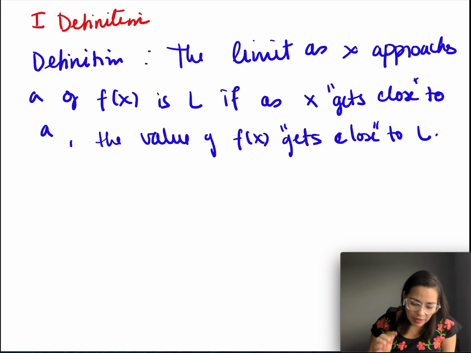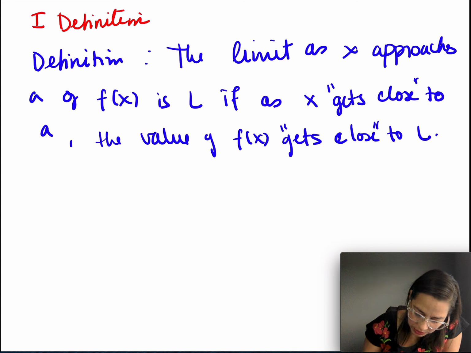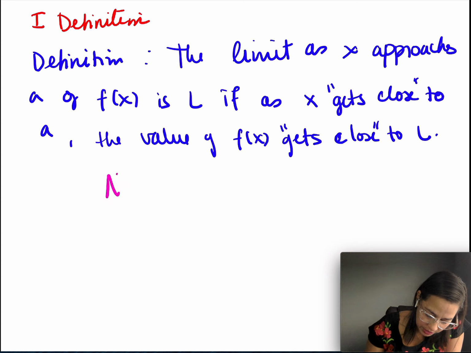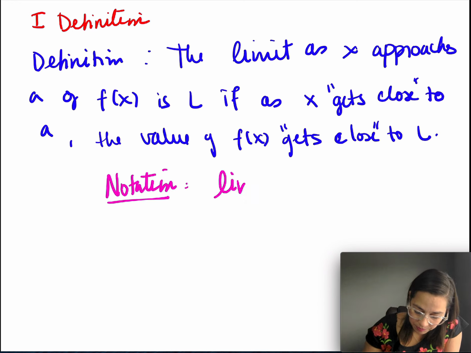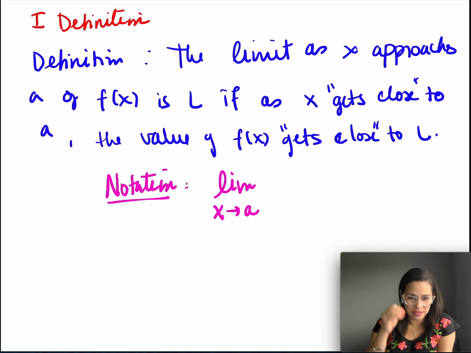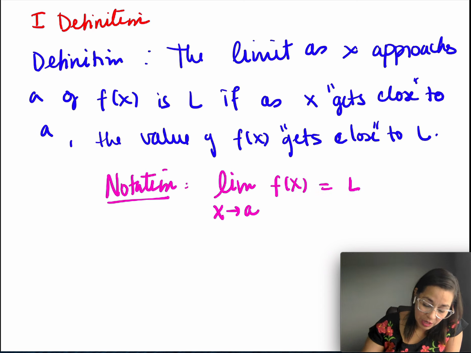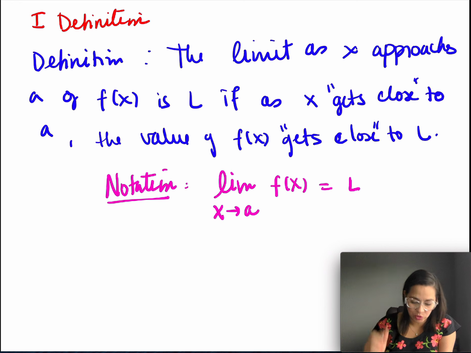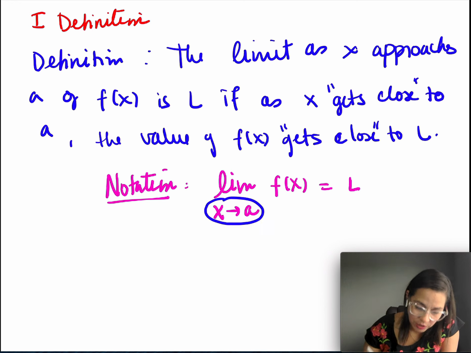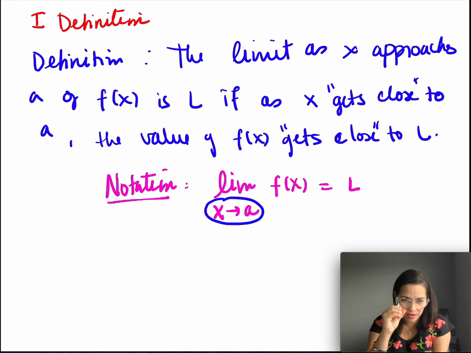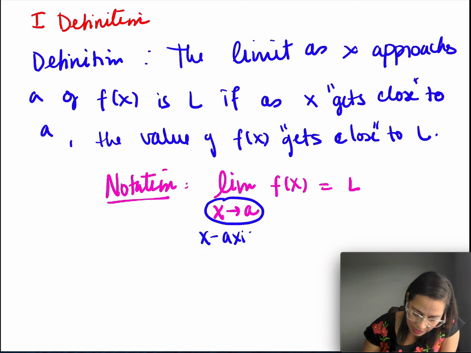Okay. And then what's my notation? So for notation, check this out. Lim for limit as x approaches a, so as x gets really close to a, of my function f of x is equal to L. What you have to keep in mind is that a is the value that the x, something happening on the x-axis, and then L is something happening on the y-axis, okay?